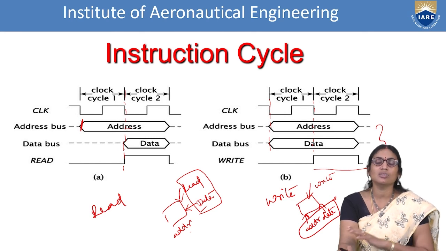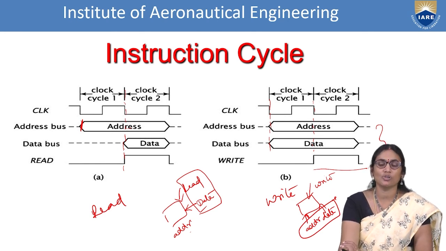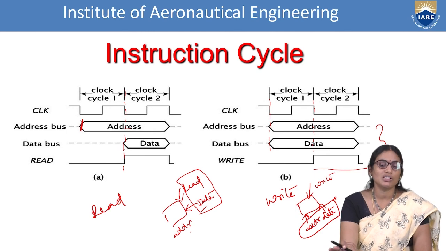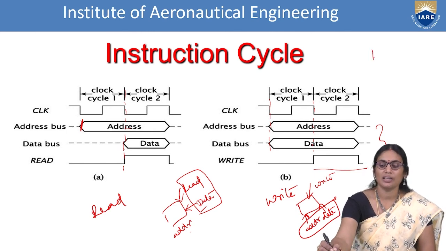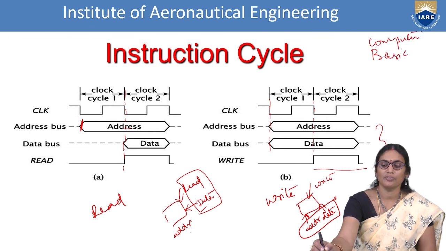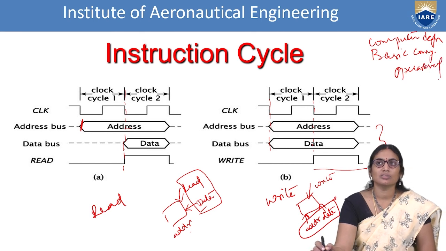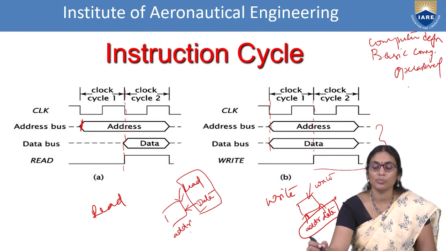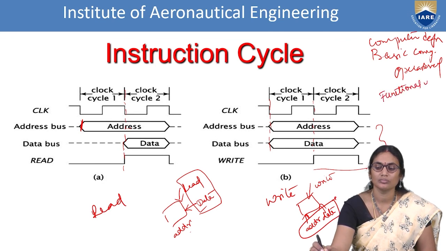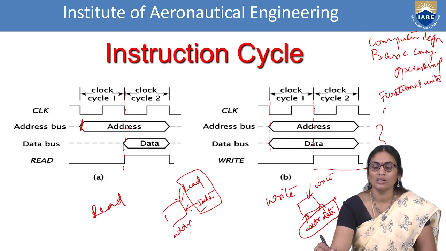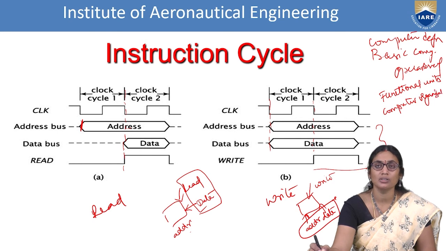This is how your system gets its internal operations executed perfectly. So what are the key components we have learned? We started with the basic definition of a computer. Next, basic components and operational concepts. The operational concepts we defined with the objective of functional units, followed by computer organization with internal components connected by means of a bus.